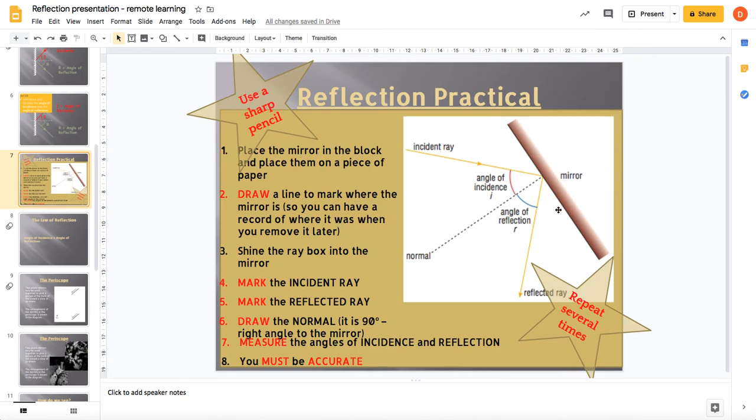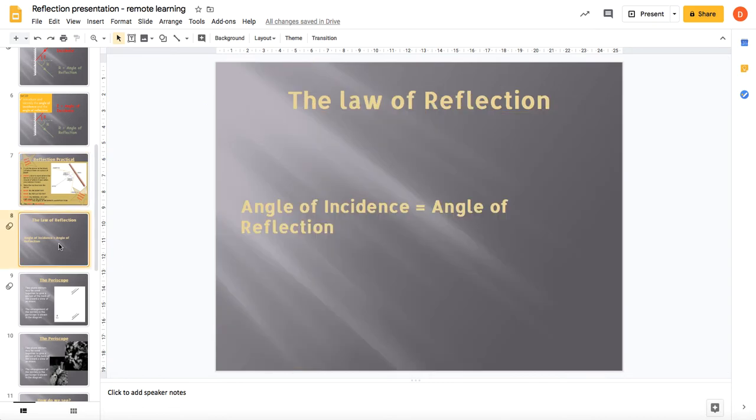You'll see for yourself that the angle of incidence and the angle of reflection are the same if you do it several times. Whatever this one is, make this one bigger, that one gets bigger, they're always the same. So that leads us to the law of reflection, that the angle of incidence equals the angle of reflection. You need to know that.